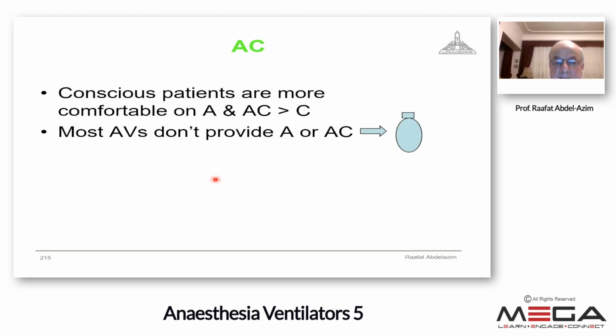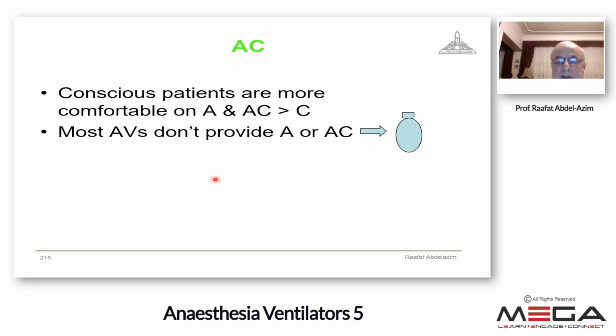Most anesthesia ventilators don't provide assist or assist control ventilation, and you can use this manually. Under anesthesia, the conscious patients are more comfortable if they start to breathe with an assisted or assist control. But with controlled ventilation, the settings of the valves don't make the patient comfortable.